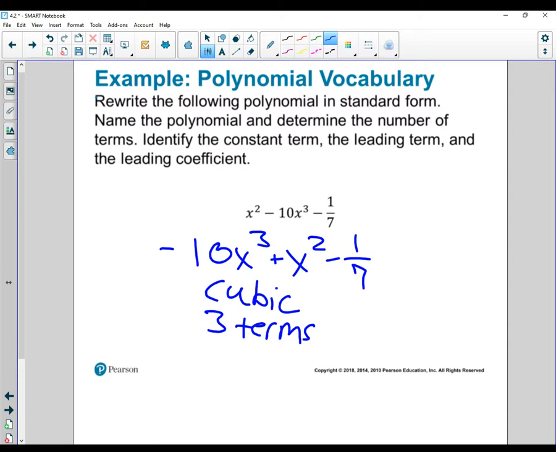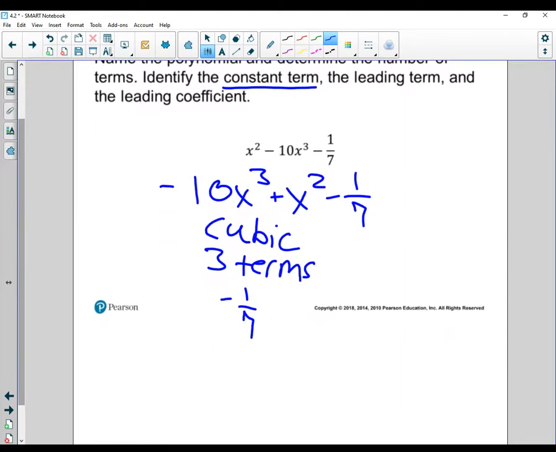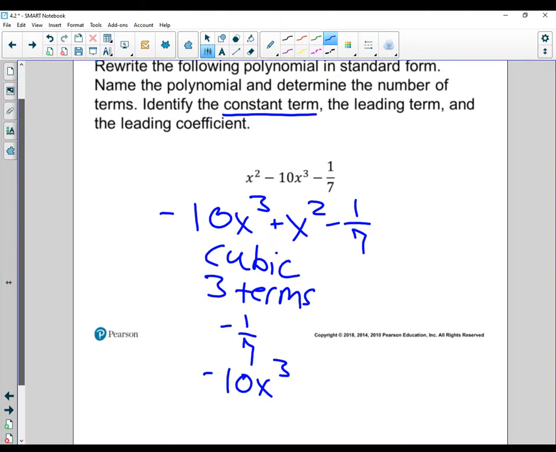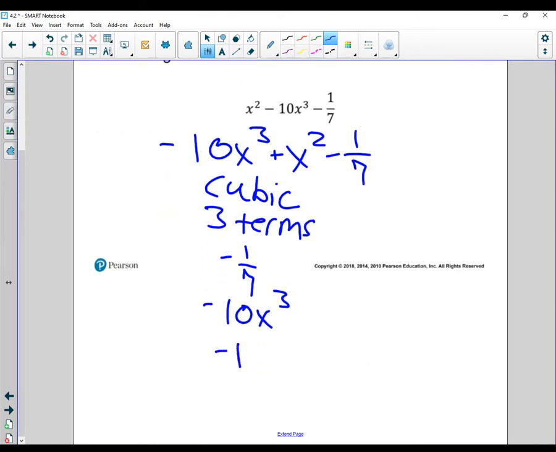What's the constant? -1/7. What's the leading term? The whole thing, -10x cubed. And the leading coefficient, -10, the number that gets multiplied. I don't think we need to go through extra examples.